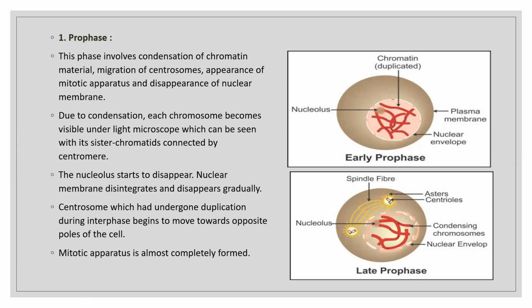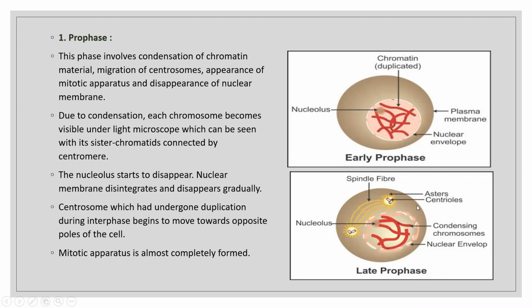If we study the cell cycle, there is a phase called interphase, and interphase is followed by cell division. So in interphase, duplication of the centrosome had taken place. The centrosome gives rise to two centrioles, so duplication had occurred, and two centrioles were produced.